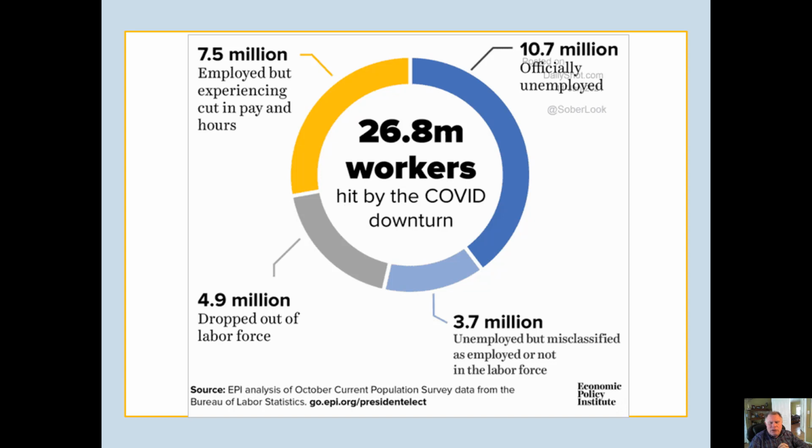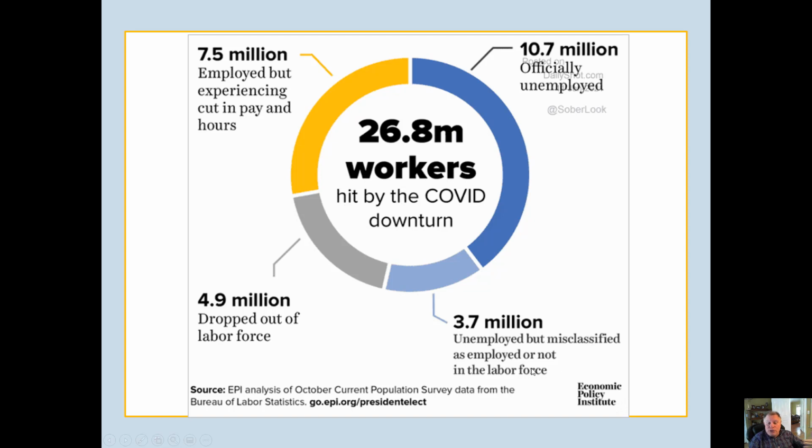Next thing I'd like to take a look at is the employment situation. And this is a big number. Right now you've got about 27 million people impacted. Now we've got to look at this. We've got 10.7 million officially unemployed. Okay, but now there are 7.5 million who are technically considered working, but they have experienced cuts in pay or hours, mostly hours.